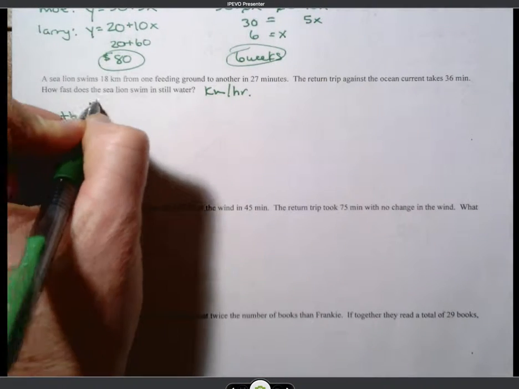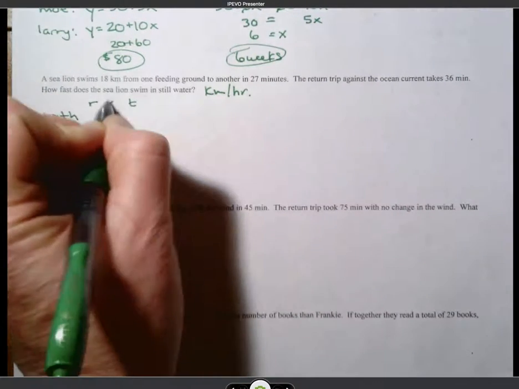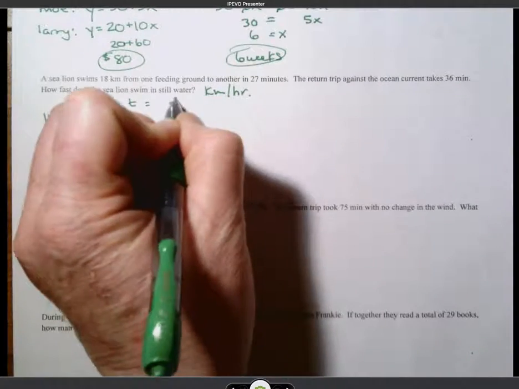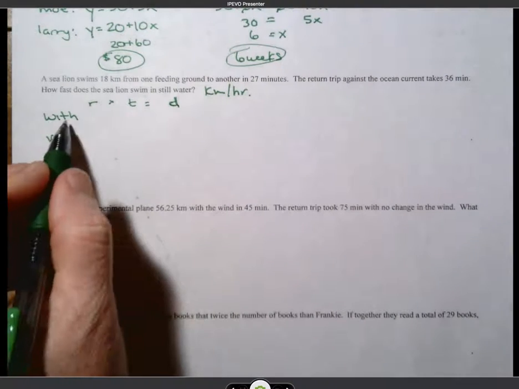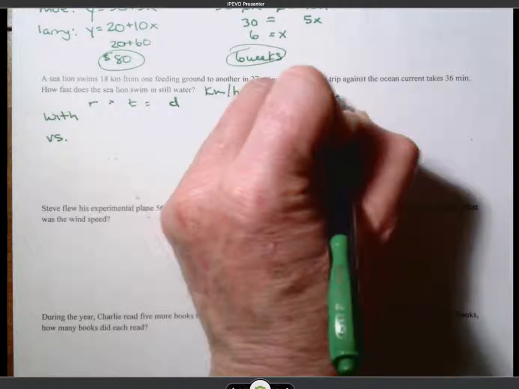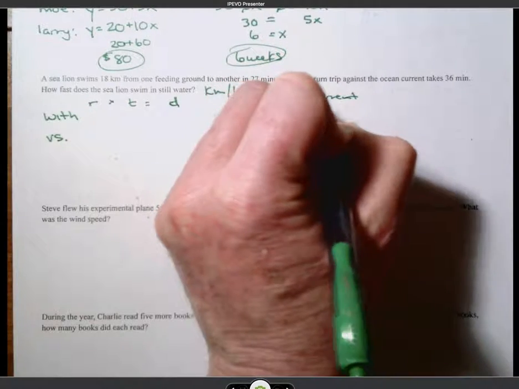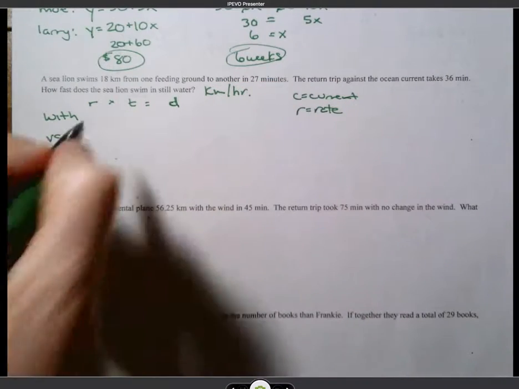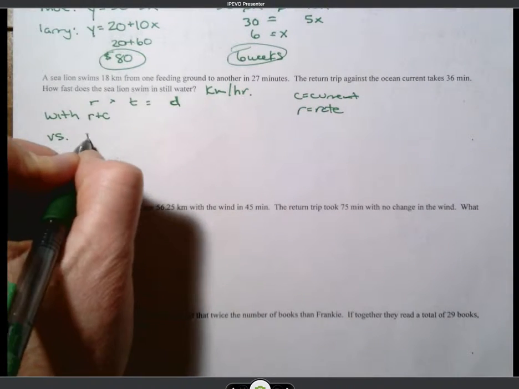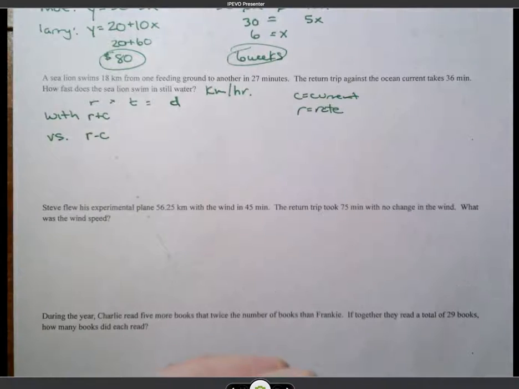We have rate times time is equal to distance, D. So with the current, we're going to call C current and R the sea lion's rate. So with the current is R plus C. Against the current is his rate minus the current.